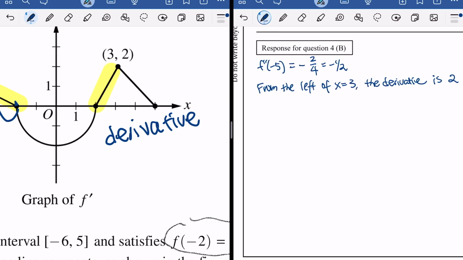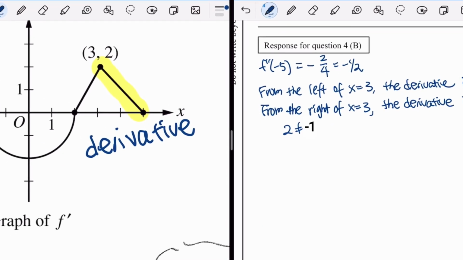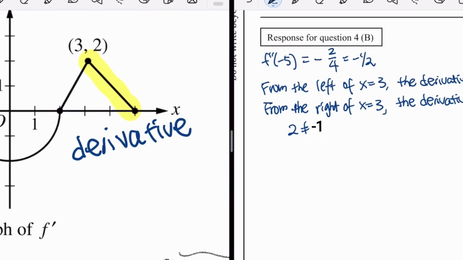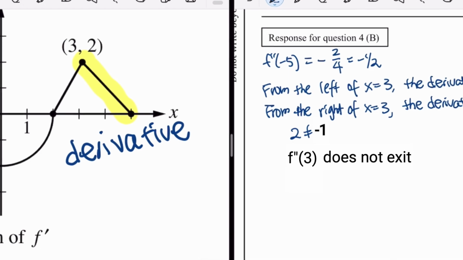However, from the right of the same place, from the right of x equals 3, the derivative in this case will be a negative slope, down 2 over 2, which is negative 1. Since the derivative from the left and the derivative from the right are not the same, we can say that f double prime of 3 does not exist.